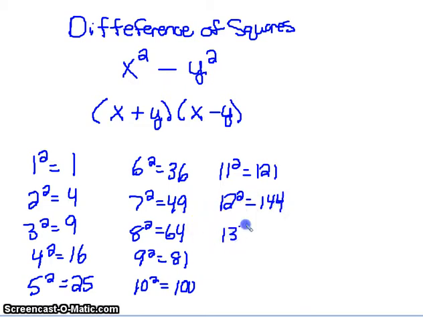What is 13 squared? What is 14 squared? 196. We've got 13 squared, which is 169, and 14 squared, which is 196.